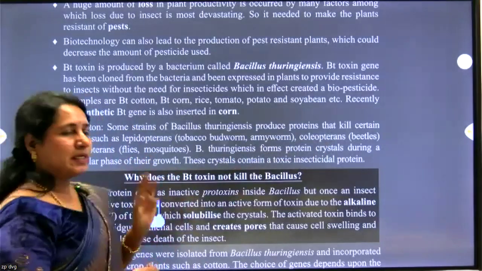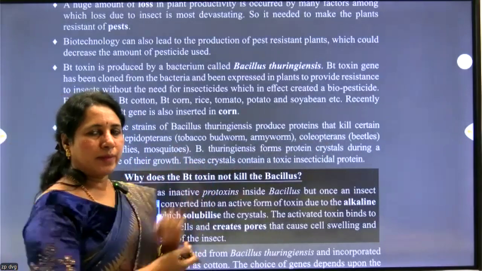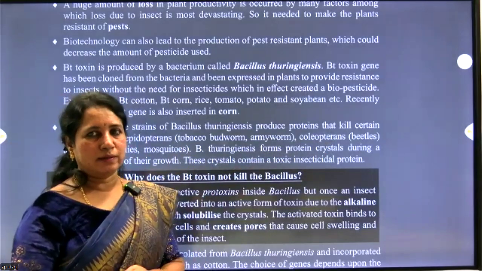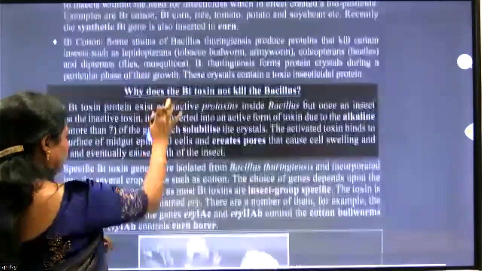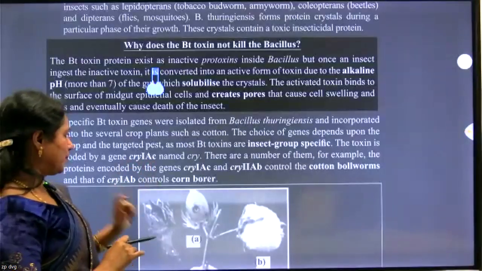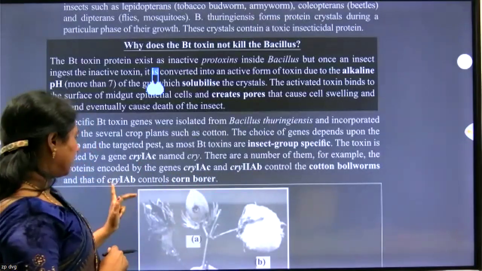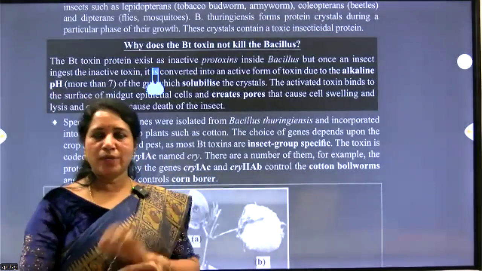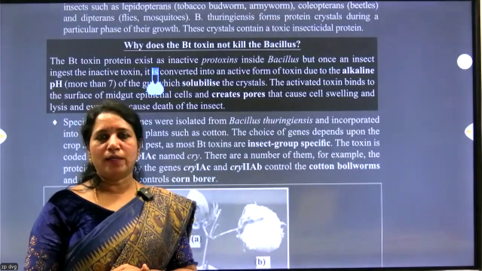The three genes taken from Bacillus thuringiensis and inserted into the cotton plant are Cry1Ac, Cry2Ab, and Cry1Ab.